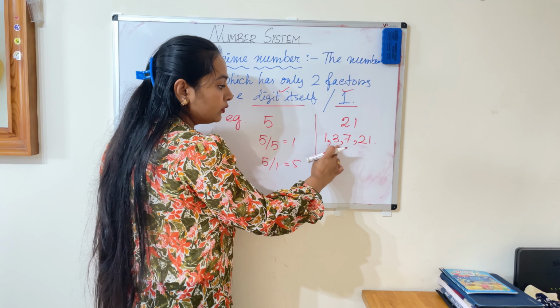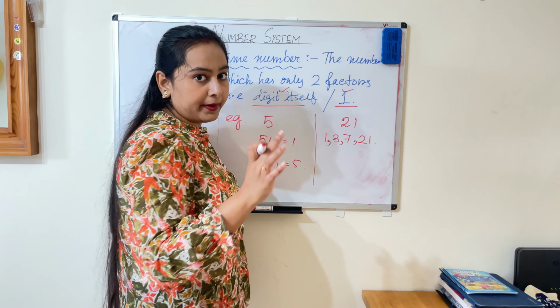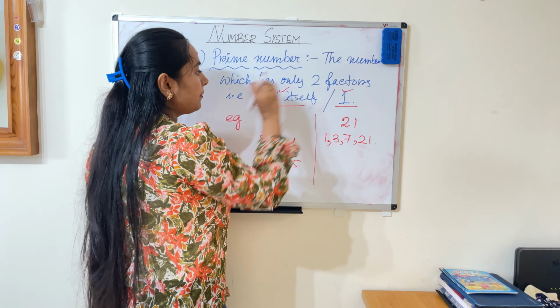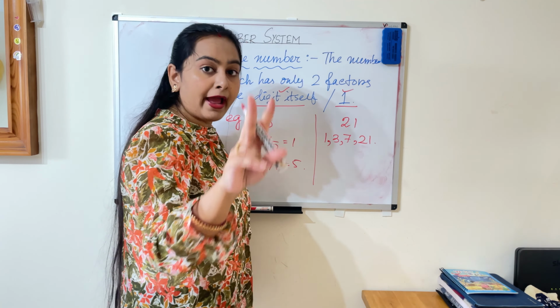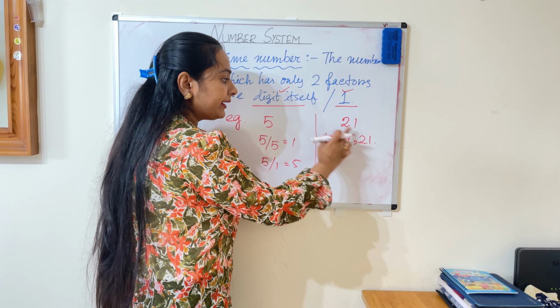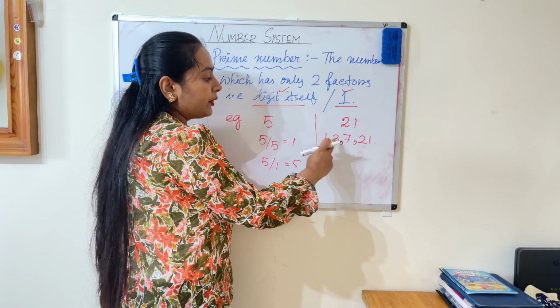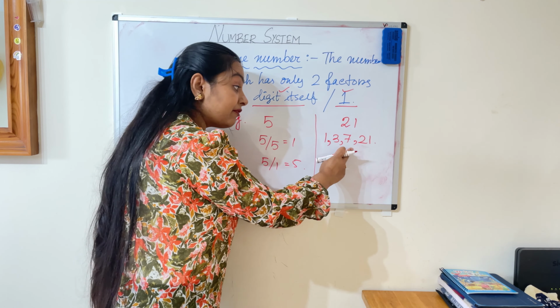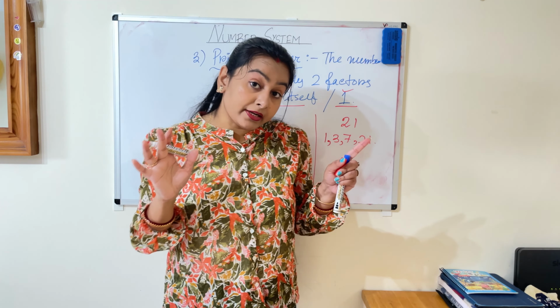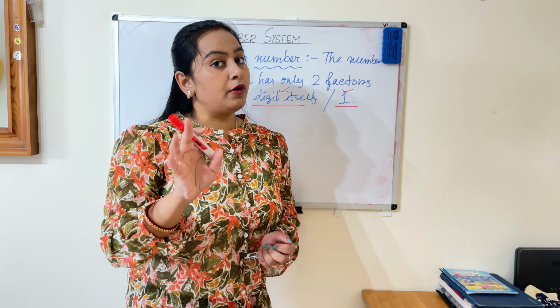So we can divide 21 by these numbers. In a prime number, the number has only two factors, the number itself and 1. But 21 can be divided by 21, by 1, and by 3 and 7 also. So there are 4 factors, not 2.